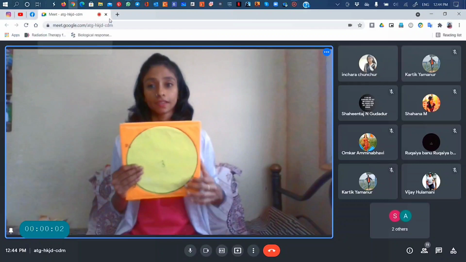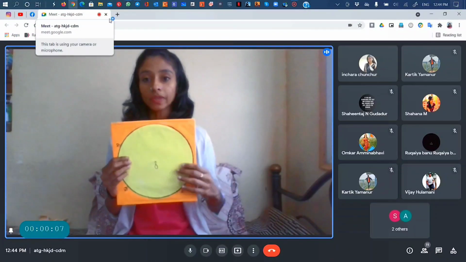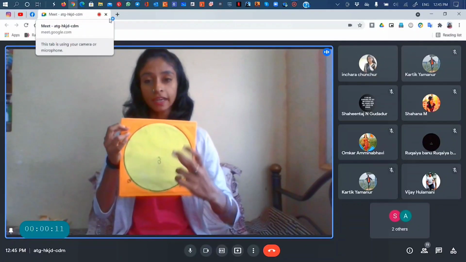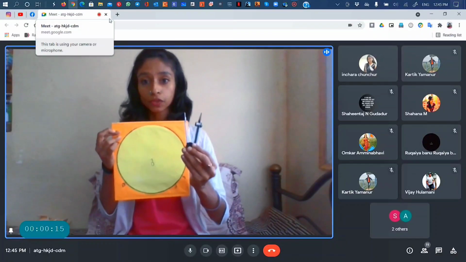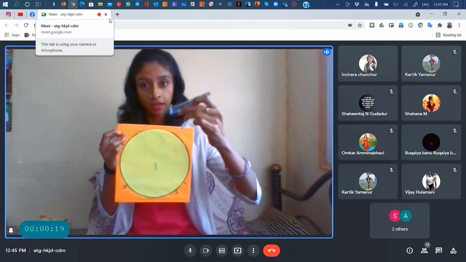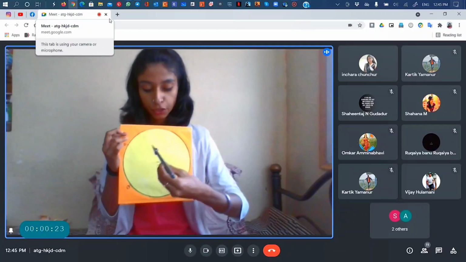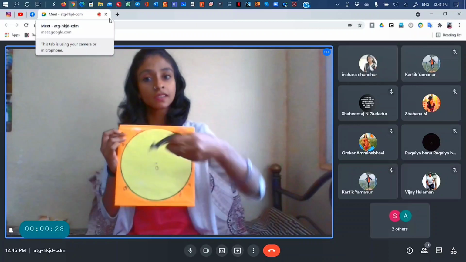Yeah. This is the circle, right? Now, in this circle, as we have studied in our 6th grade, we know that a circle is drawn with the use of the compass. You mark a radius, whatever length you want, on a scale, and you put the pointer on the center and you draw a circle.